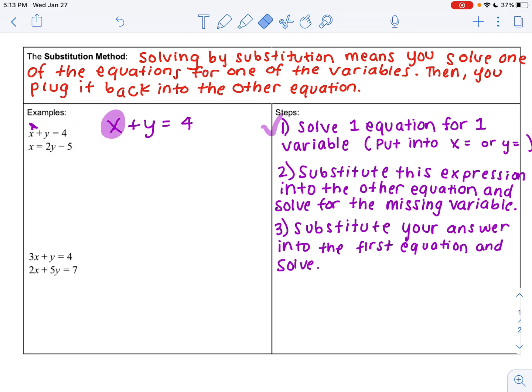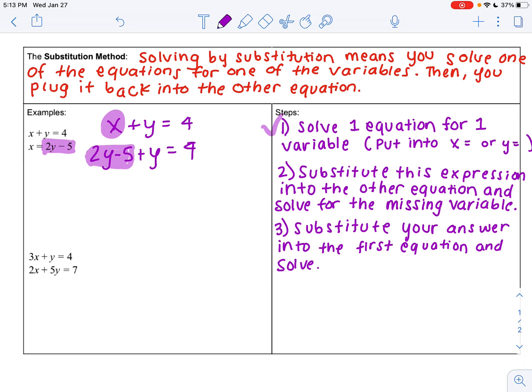So let me erase all this over here. X plus y. Okay, my x is also equal to 2y minus 5. So instead of x, I'm going to write 2y minus 5 plus y equals 4. Notice I didn't change anything else, but my x is also 2y minus 5. So I just substituted in 2y minus 5 for x.